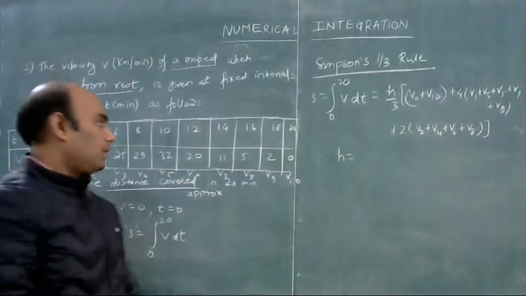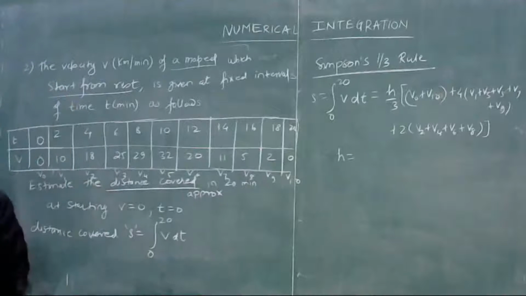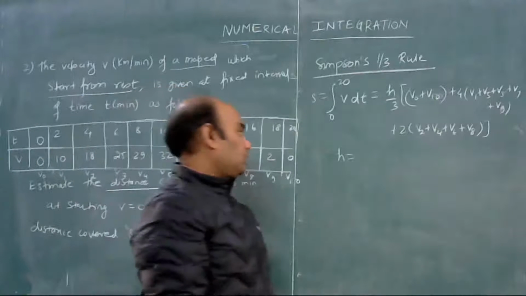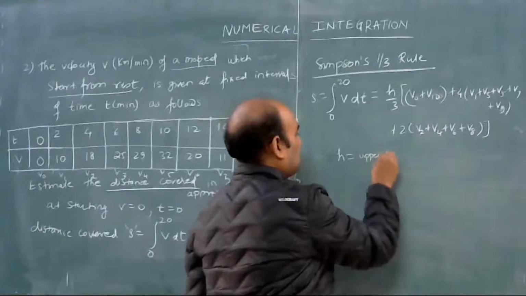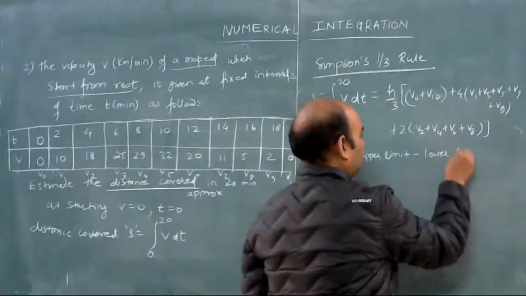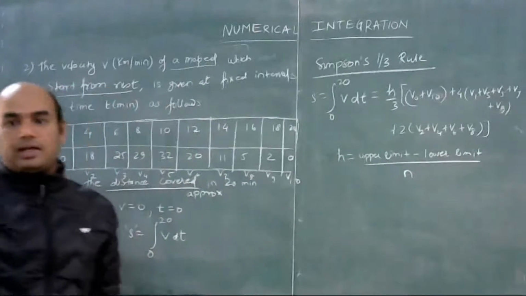The value of h is the upper limit, that is b, minus the lower limit, a, of integration, divided by the number of intervals n.